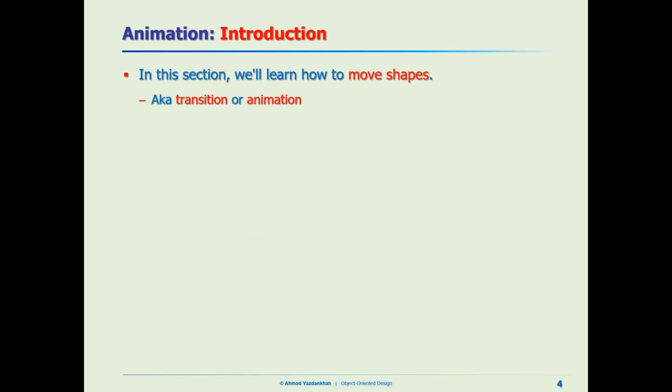Okay, animation. How can we move shapes? Or maybe it's better to say, how can we move nodes? Because this moving is very general, so instead of shape we can also say how to move or transit nodes. Okay, so that's what we want to learn in this section.